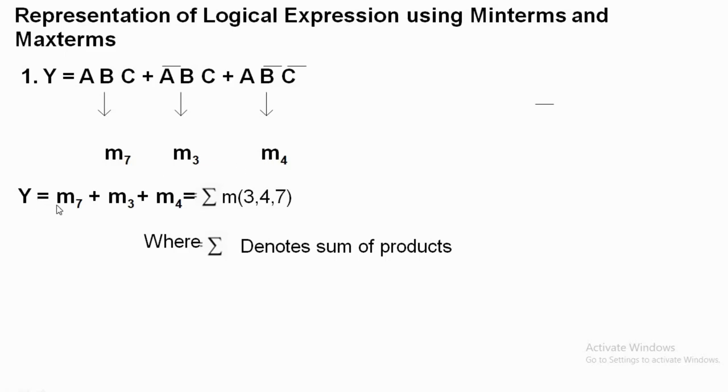So, Y is equal to m7 plus m3 plus m4, and that can be written as a summation of small m. This m indicates min terms, which contain 3, 4 and 7. So, in this way we can write down min terms from the logical expressions.